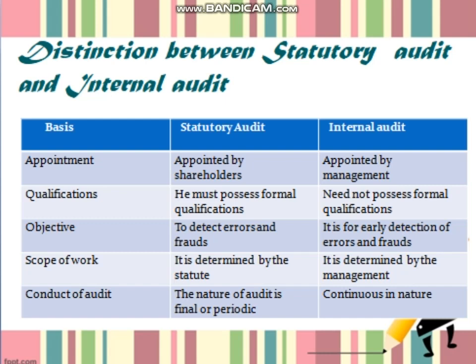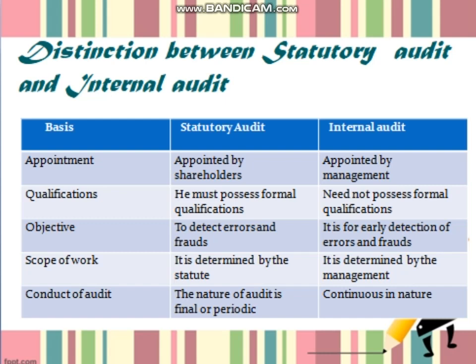On the basis of scope of work, statutory audit is determined by the statute, while internal audit is determined by the management. On the basis of conduct of audit, the nature of statutory audit is final and periodic, while the nature of internal audit is continuous.